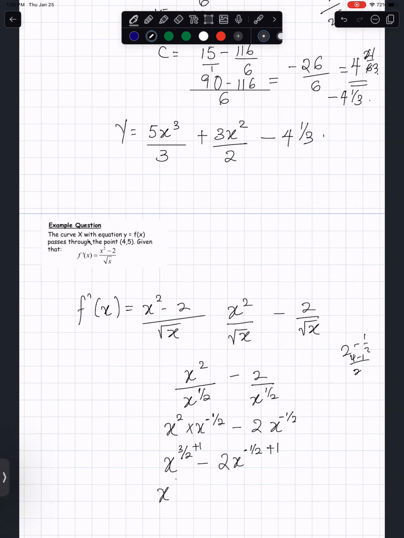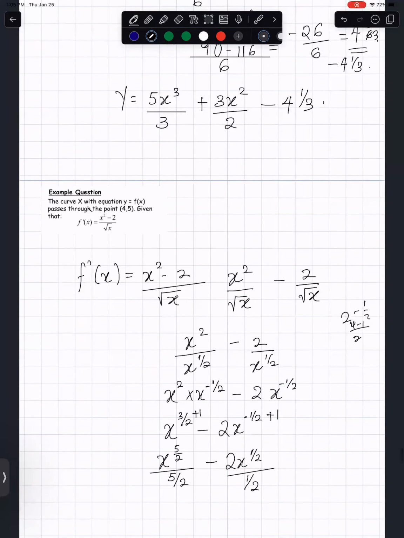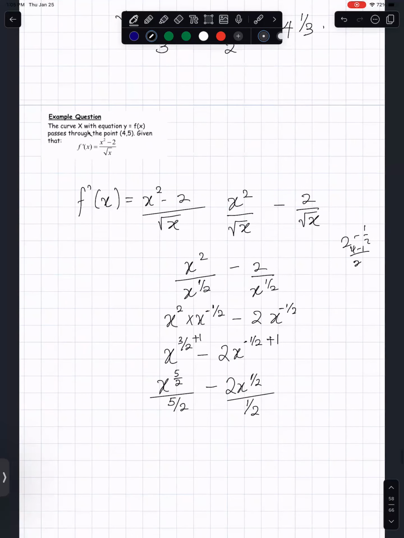So we have x to the power of 5 over 2 divided by 5 over 2, minus 2 x to the power of minus half plus 1, which gives us half, divided by half. Okay, so now we have finished our integration. The next step is to substitute those values into the integrated expression. We have our point (4, 5).